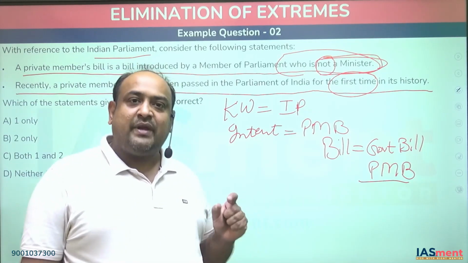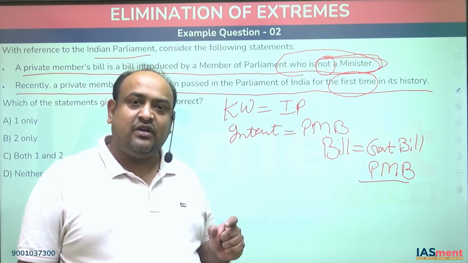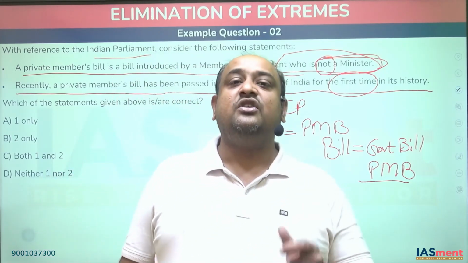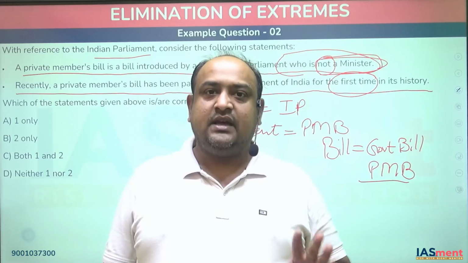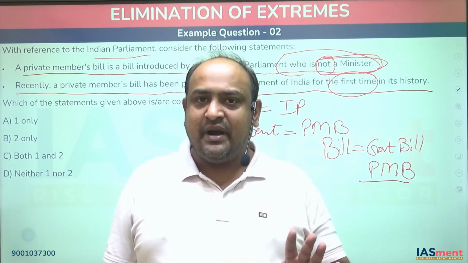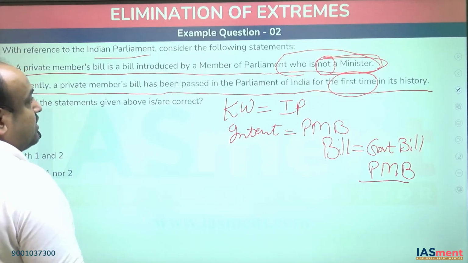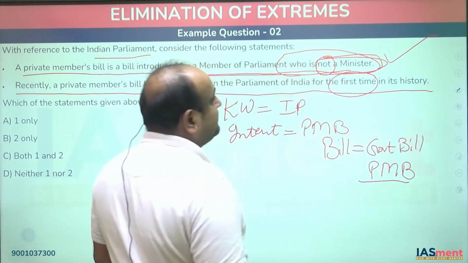That is what we call a private member. This is the basic definition of a private member. When you have studied polity, you would have definitely studied this line. It is not possible that you have not read this, and if you have not, then there is a gap in your preparation. So this option is correct.